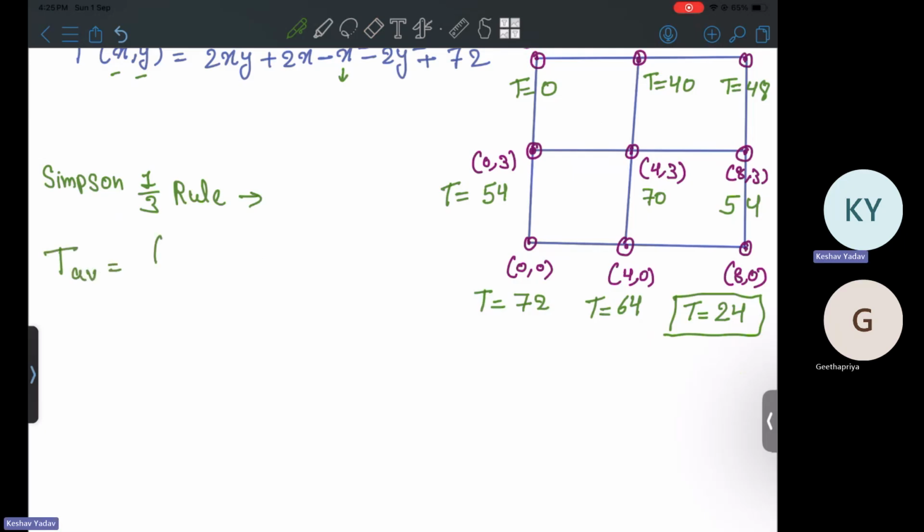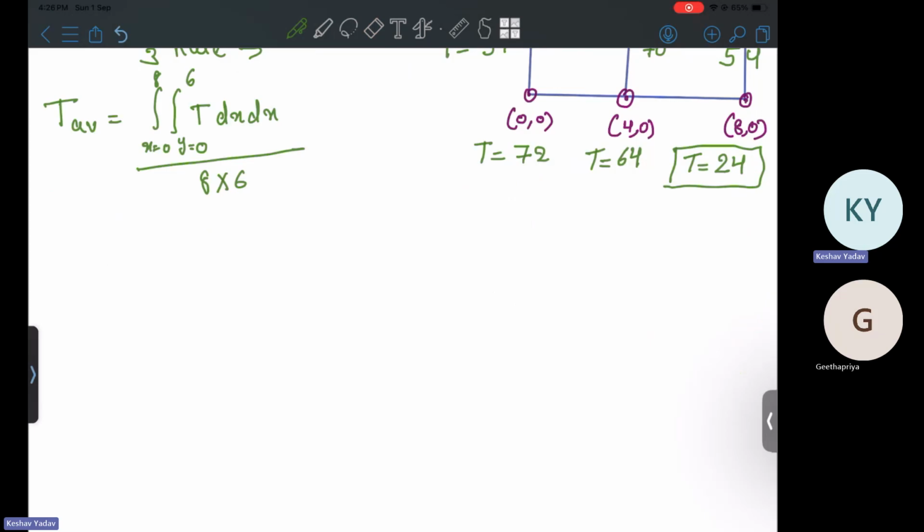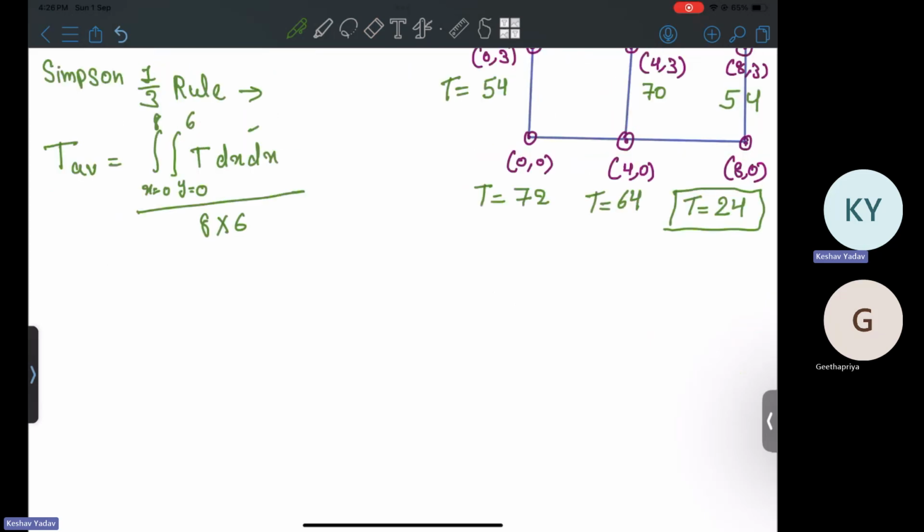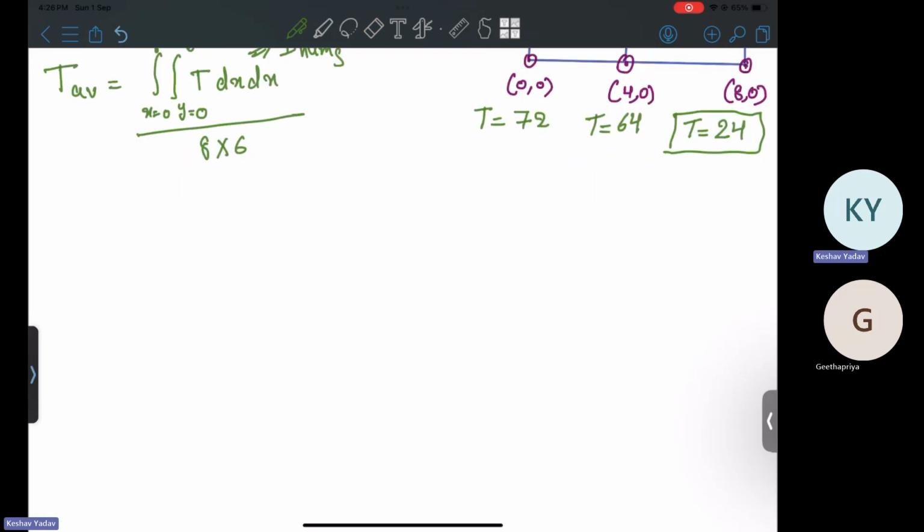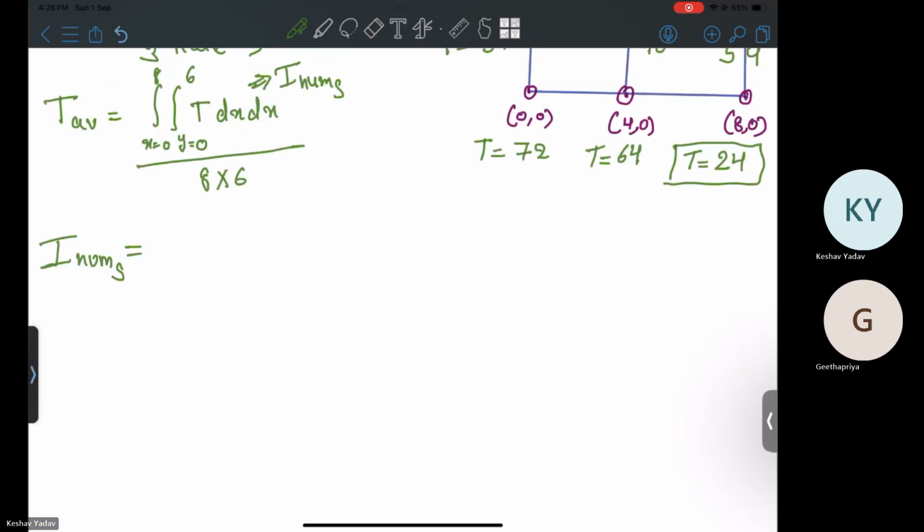T average will be the integration of T dx dy, x goes from 0 to 8, y goes from 0 to 6, divided by area, which will be 8 multiplied by 6. This is T average. Now suppose I am defining it as I numerical, I numerical S, by using the Simpson method. So I want to find out the I numerical S.